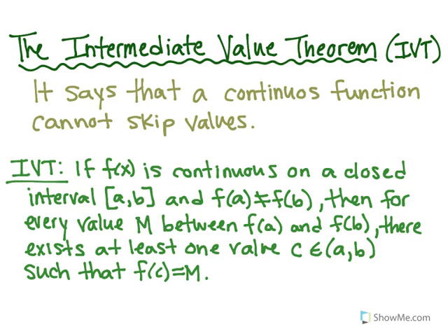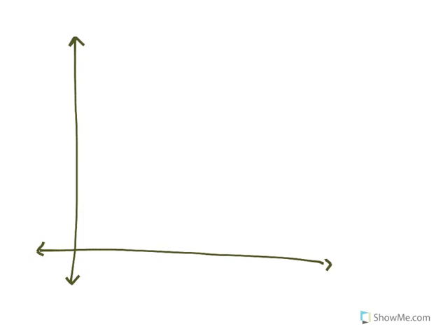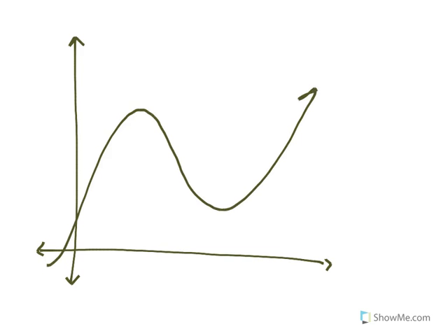We're going to make sure that we understand the first part of this, which is f of x is continuous on a closed interval from a to b. So here's a basic graph, and I'm going to start sketching a function, and I'm going to make it kind of curvy, so we've got some options here, but I'll make it something that looks a little cubic.